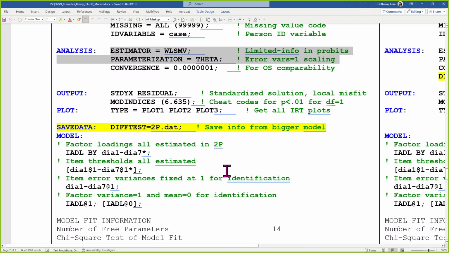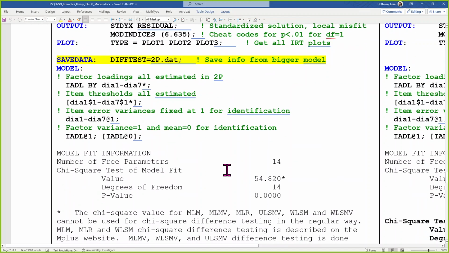So all of these estimates are going to be lower by a factor of 1.7 relative to the other solution, and they're based on a different method of estimation, so they'll be a little bit wiggly. Otherwise, the code is the same, although I am also making explicit what we're saying about the error variances being fixed to 1 in this case. This is a constraint needed for identification until we get to models that have multiple groups and we have invariance constraints across the groups. Then these can actually be estimated, although it doesn't often go well.